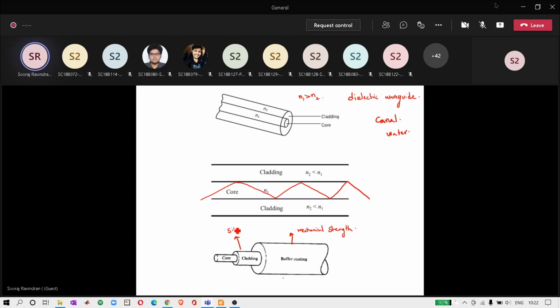Both of them are silicon dioxide. The power is predominantly carried by the core of the optical fiber. The core carries the information signal from transmitter to receiver. The cladding is a covering for the core with a smaller refractive index, and covering the cladding you have a buffer coating which provides the mechanical strength.